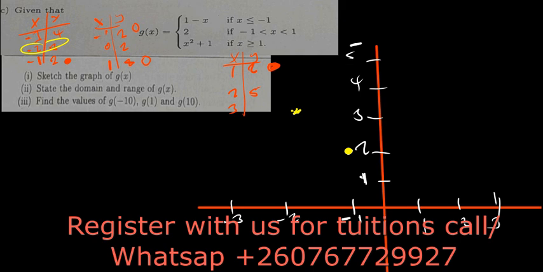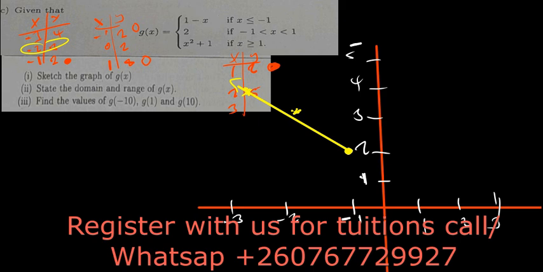Negative 3 comma 4. Negative 3 is here, 4 is there. So the first part, starting from there, going there, you put an arrow because we don't know where the graph is ending. Done for the first part.